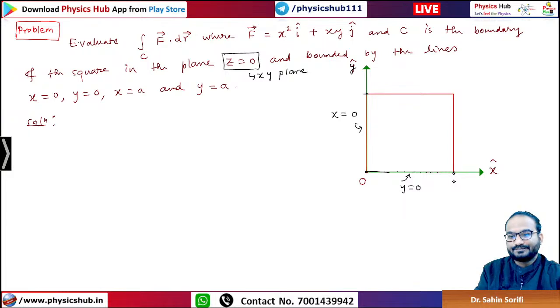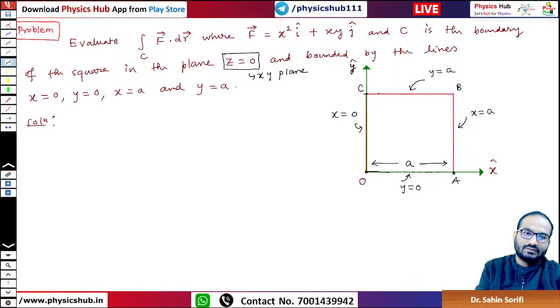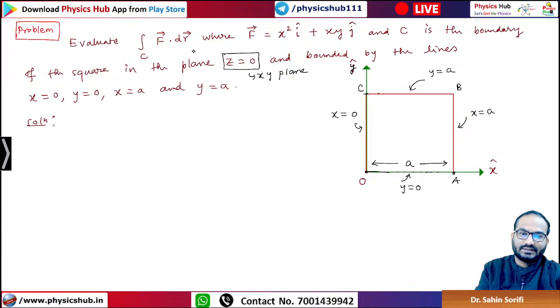If I consider, let's say OABC, this is the square with side length a, then obviously this line is x equals a, and this line BC is y equals a, because at each and every point here you will get y equals a. So these are the 4 lines along which you have to find the line integral.